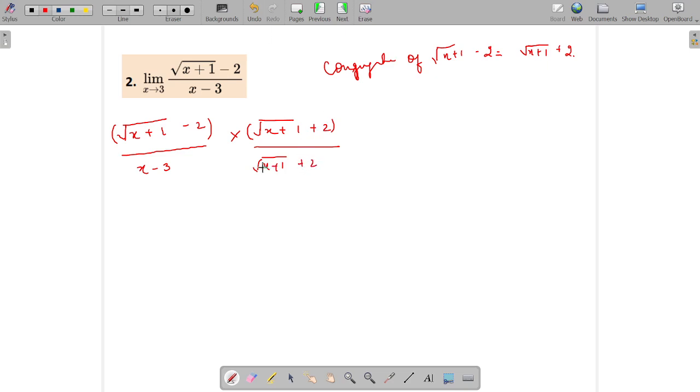See, this won't make any difference to the function because we are multiplying it with only 1. Root x plus 1 plus 2 over root x plus 1 plus 2 is 1 in particular form, right?